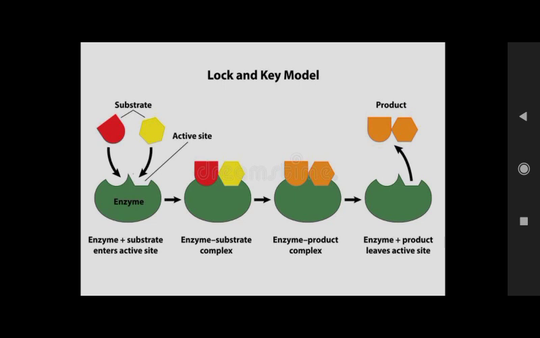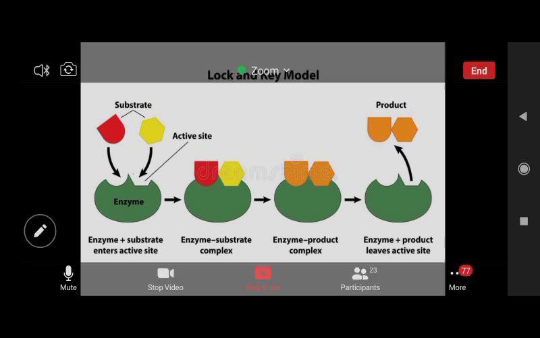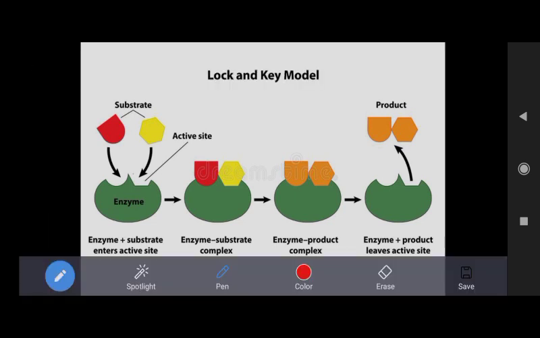Now, in this diagram which I have shared with you all, you see there is an enzyme. This is a hypothetical situation to discuss. This is any enzyme, we can say. There are two substrates, one denoted by red color, another by yellow color. Their nature is the same. It is not like they vary in chemical nature. These are the two active sites or substrate binding sites.